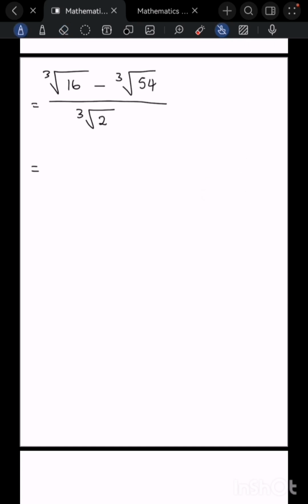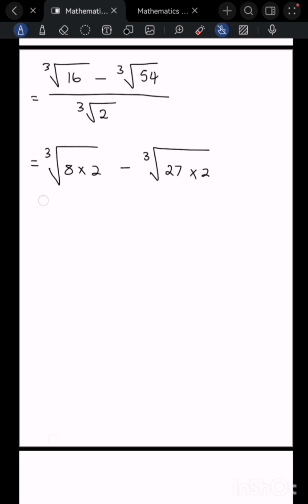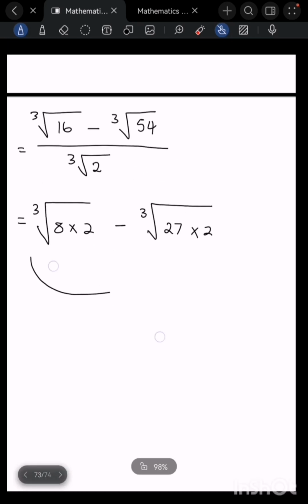So when we start, we say the cube root of 16 is going to be the cube root of 8 times 2, because 8 times 2 is 16, minus the cube root of 54. 54 is 27 times 2, right? All divided, whoa, made a mistake there.